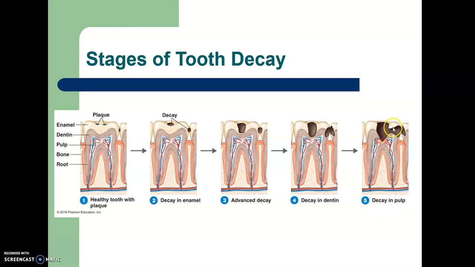And oftentimes, if it's gotten so bad that it's at this point, a lot of times the person will end up having to get a root canal. And if it's super, super bad, they may even have to get the tooth removed. But certainly at that last stage of tooth decay, when the decay has reached the pulp, oftentimes that's what they have to do with the tooth in order to save any of its integrity.